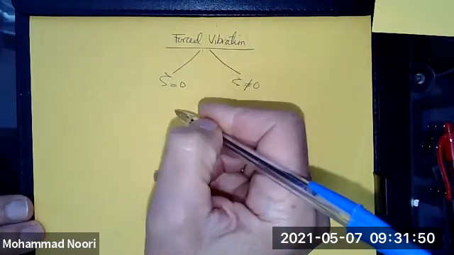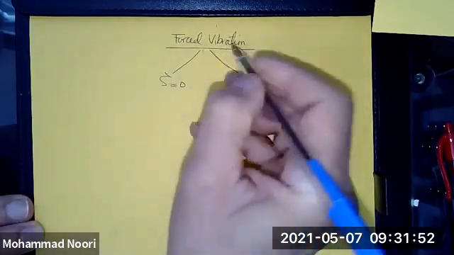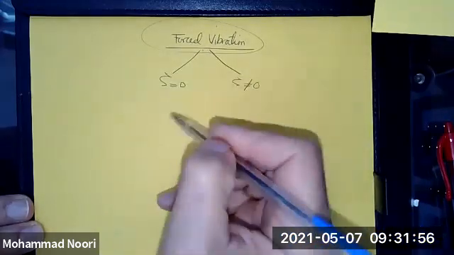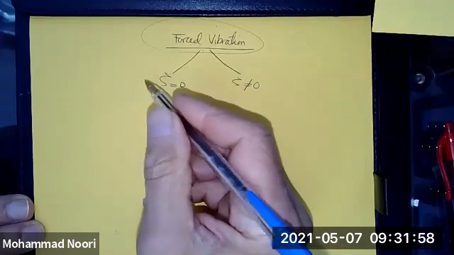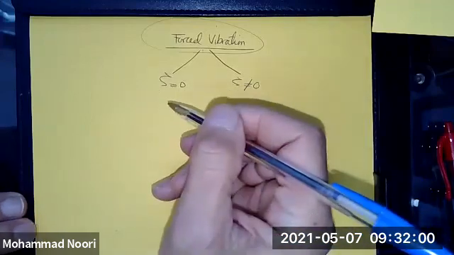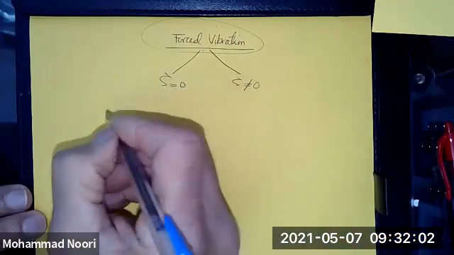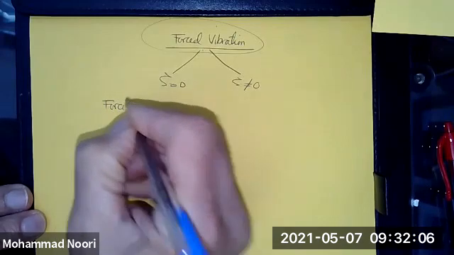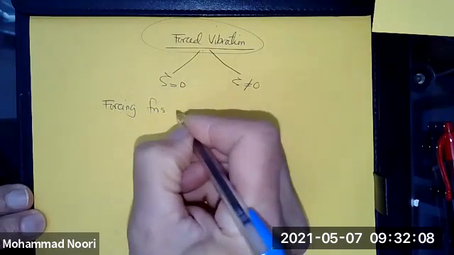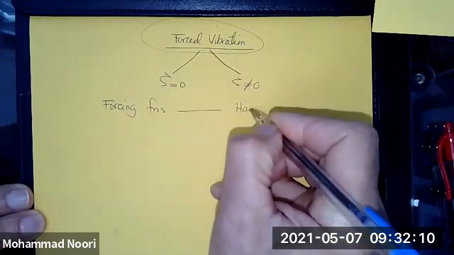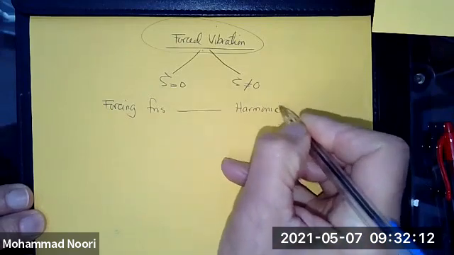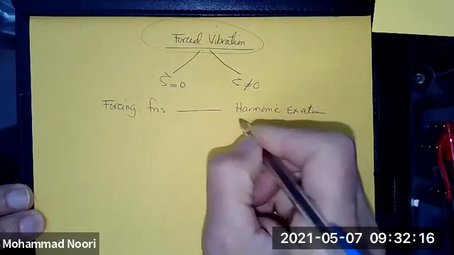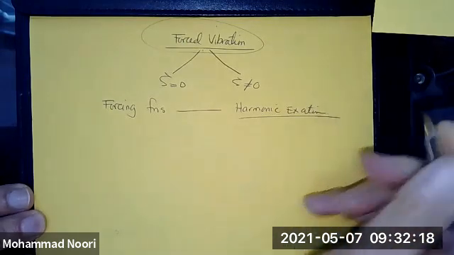But also we said that depending on the type of forcing function, you categorize the vibratory response of the system. And the first type of forcing functions that we covered was harmonic excitation, which we spent almost 2 weeks on.